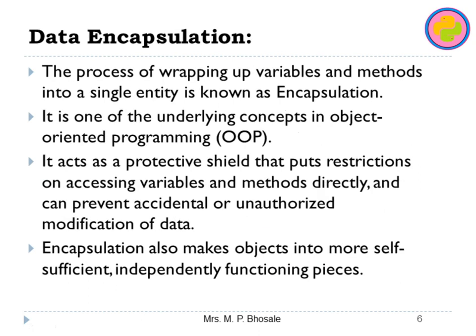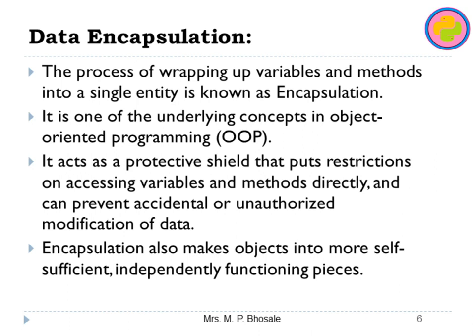Now talking about data encapsulation. Encapsulation means wrapping of data, which includes variables and methods, into a single entity, and it is one of the concepts in OOP which shields or restricts direct access to the variables and methods.